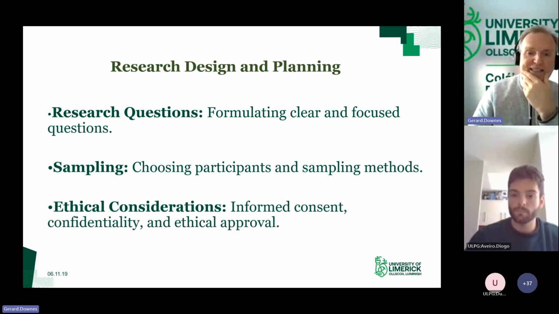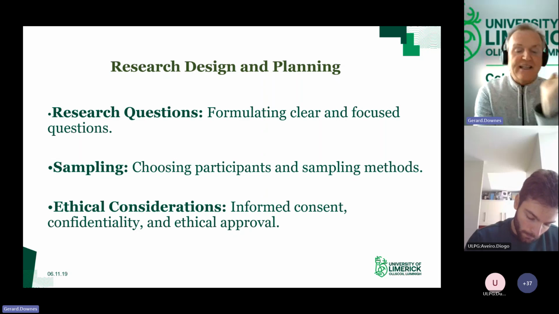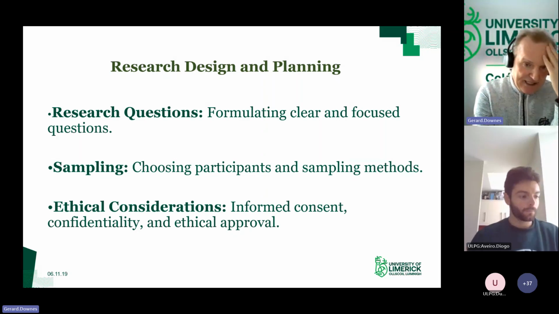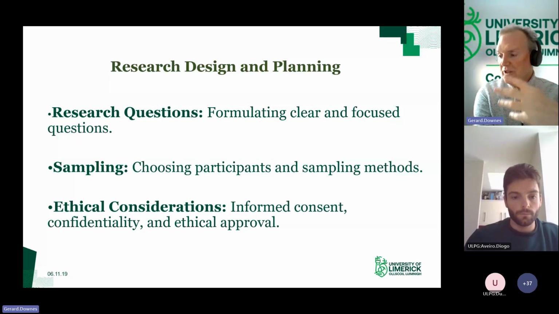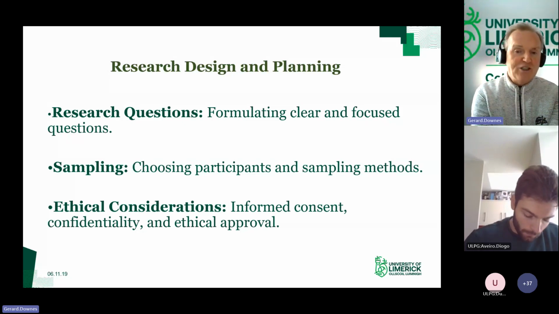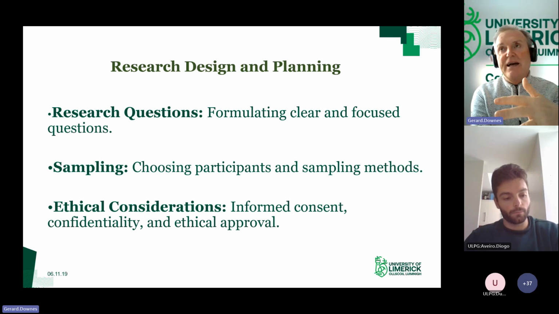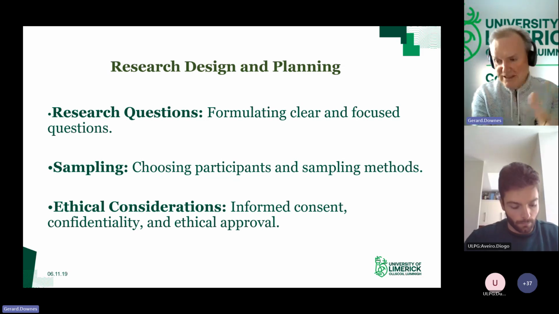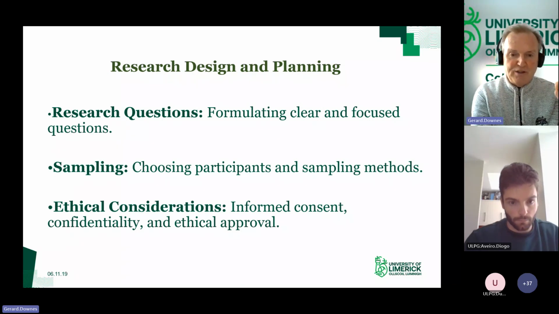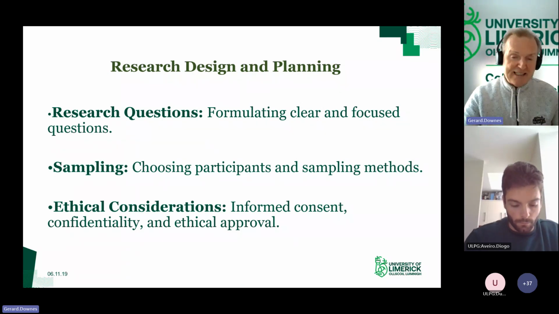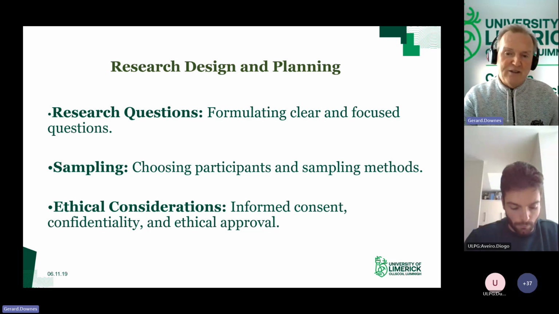Then you would need also to look at, for example, the ethical considerations, and it's so important that the participants in your study have agreed to participate, that they have signed the consent forms that you've given them before you interview them, and that you have indeed obtained ethical approval from one of the ethics committees within the university.